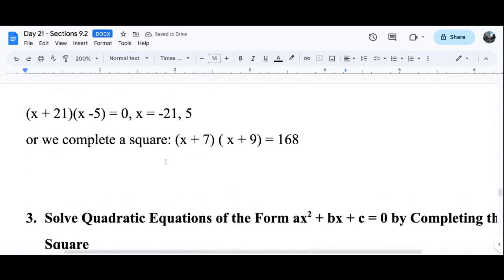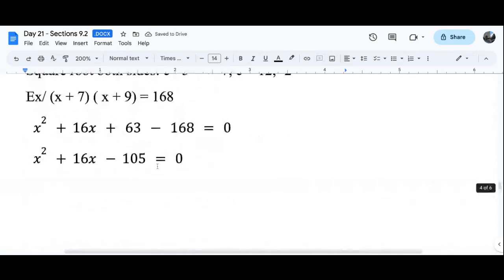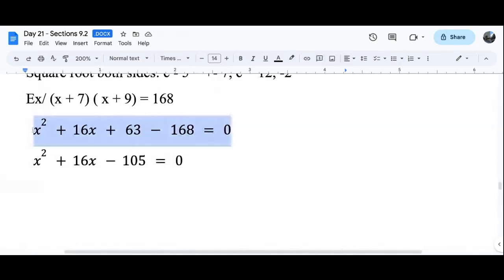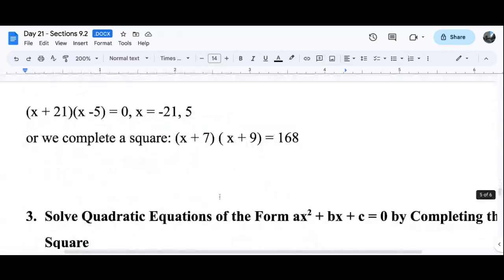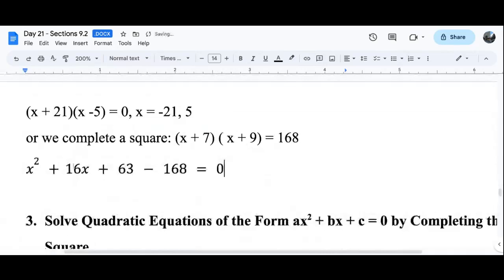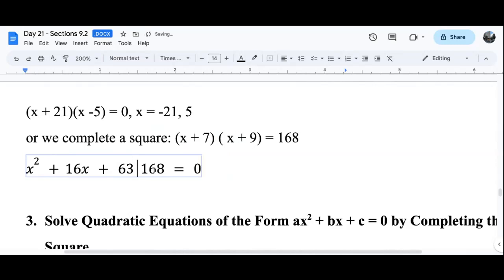Right, so I have this. I'm going to borrow from here. We expand this: 7 plus 9, 16, so we get the middle term 16x. 7 times 9, 63. Do we really have to move 168? We don't really have to move 168 to the other side. We'll keep 168 on the other side.